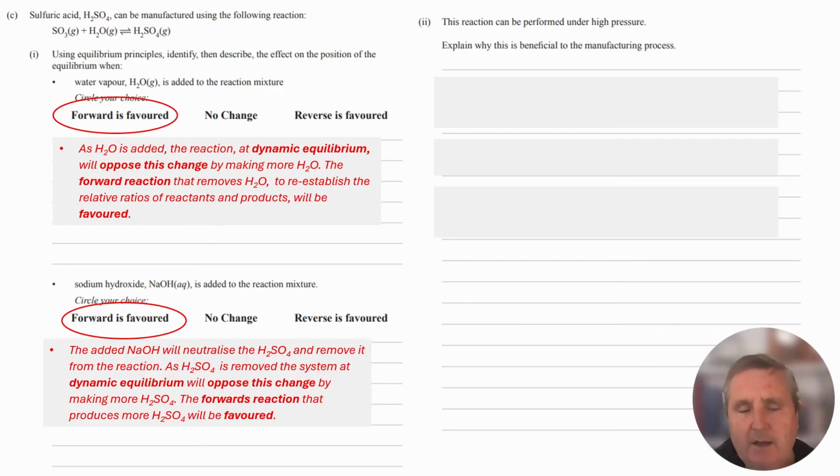If you can get one of these correct, then you're at achieved. If you can identify the correct direction, that it will favor the forward reaction, then you're at achieved.